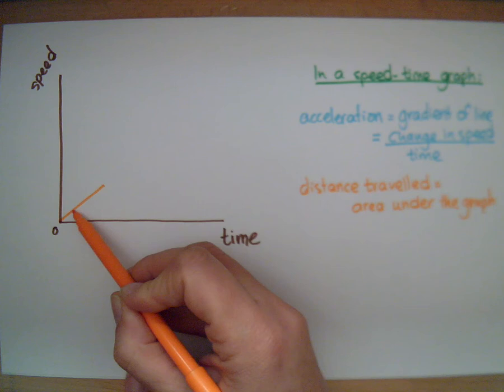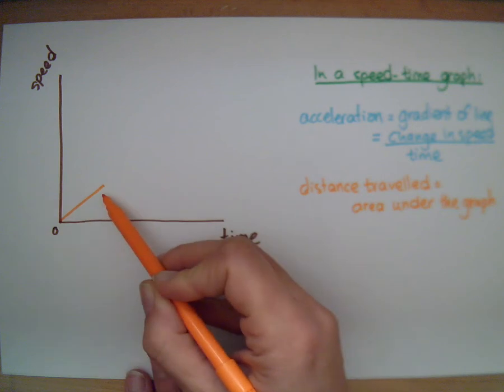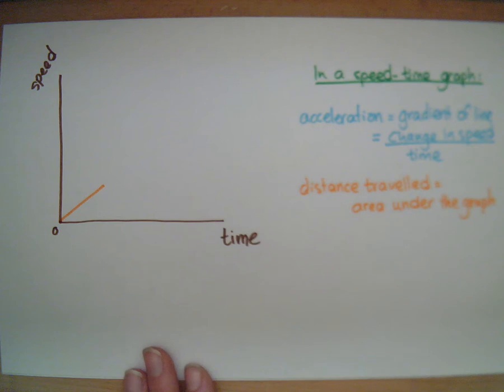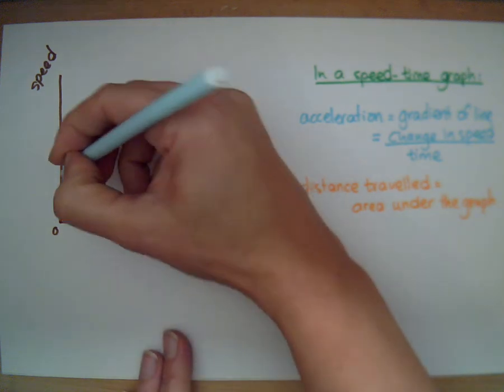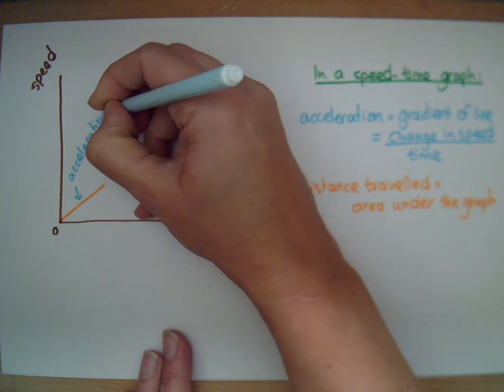And then it increases in speed. I'm increasing in speed. I'm not traveling at a constant speed. I'm increasing my speed. That is called acceleration. So what is happening here? Acceleration is happening. All right.